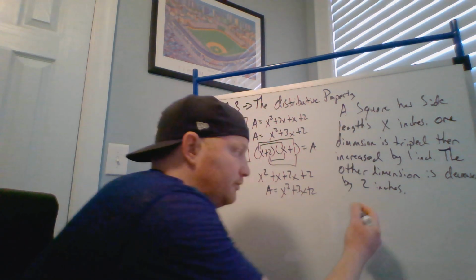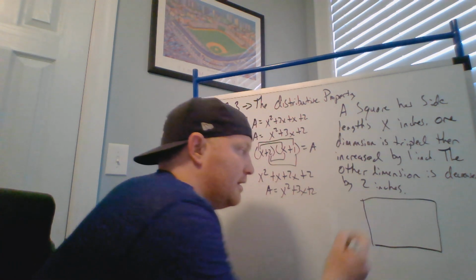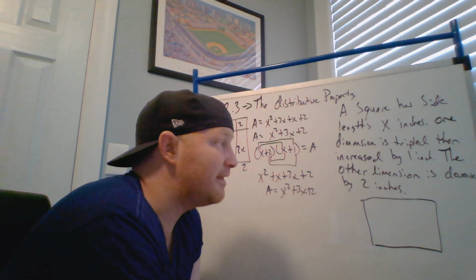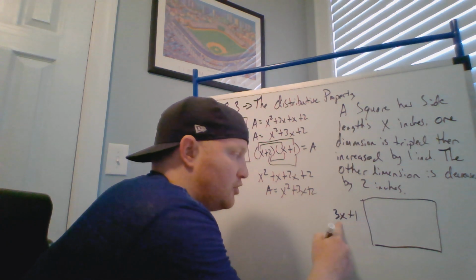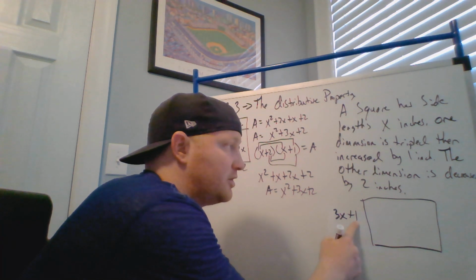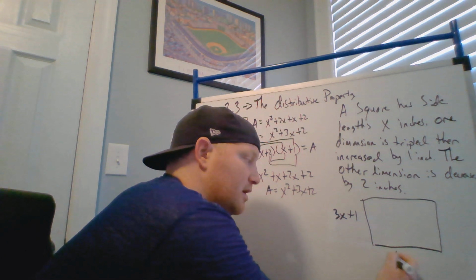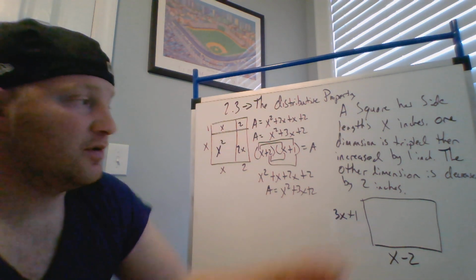So I can look at it like this, okay? One dimension is tripled, then increased by 1 inch. The other dimension is decreased by 2 inches. So that's how you would do that.